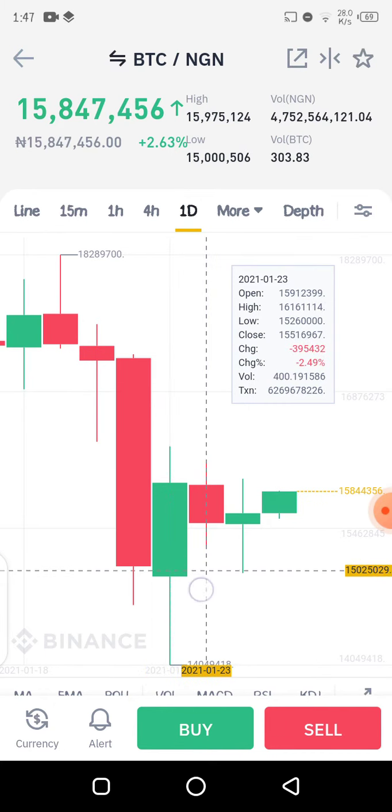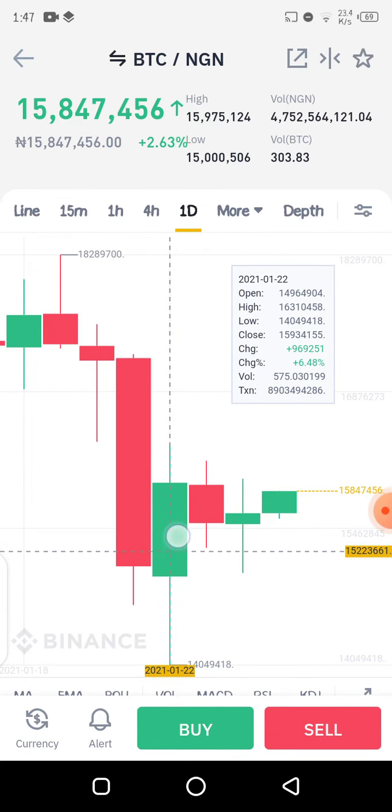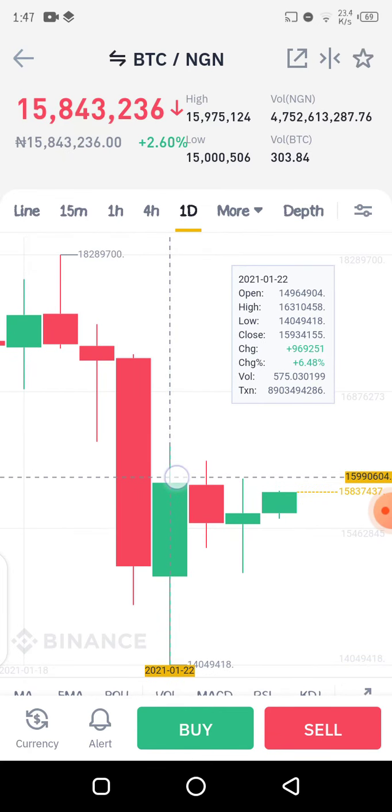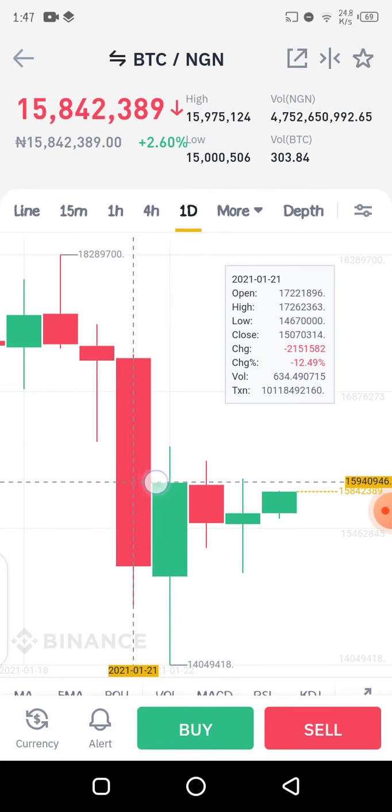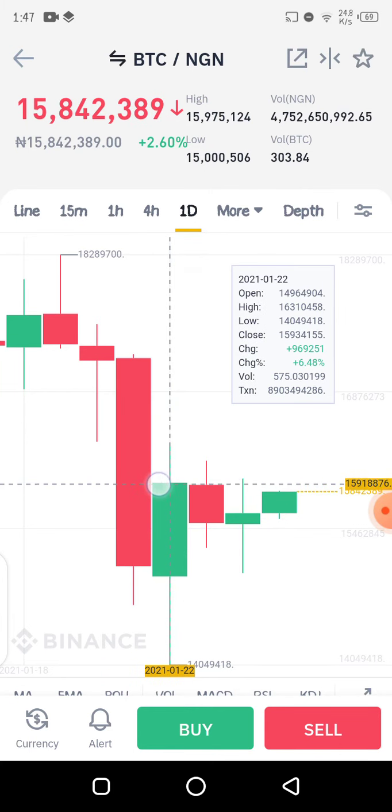Then it closed up here, this green top here, at 1.5934155. As you can see, it closed there. Close is somewhere around here.